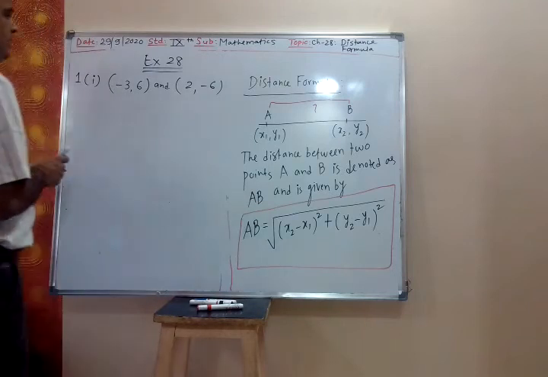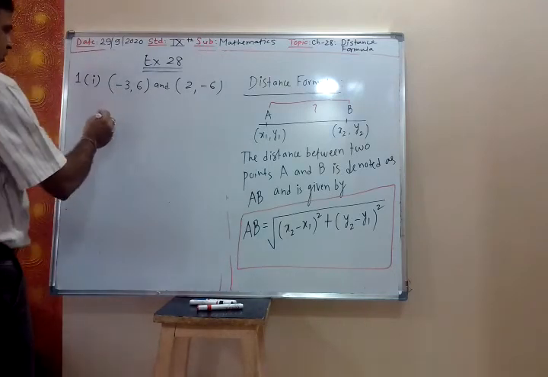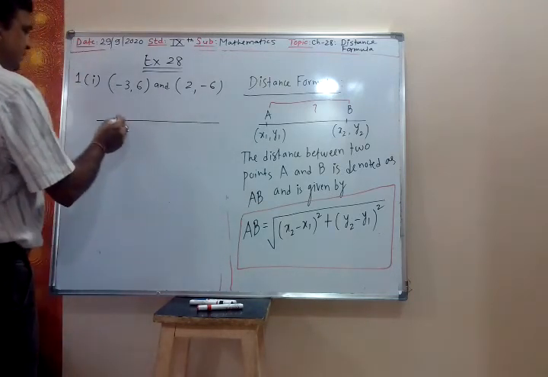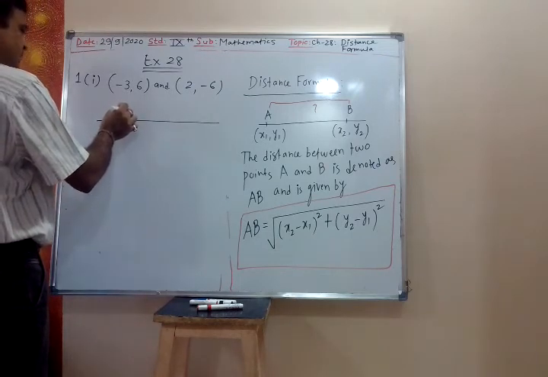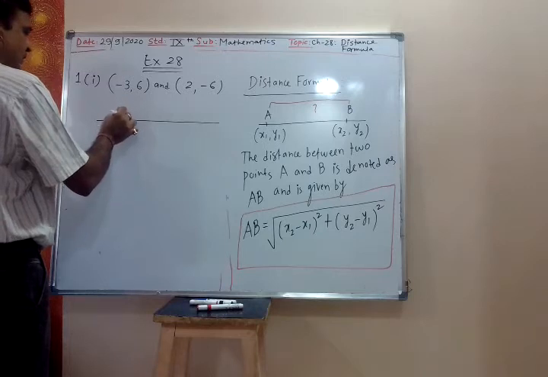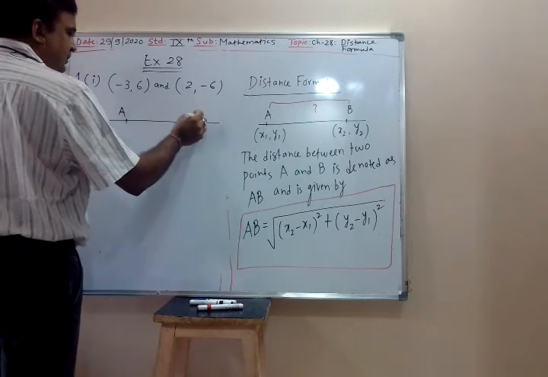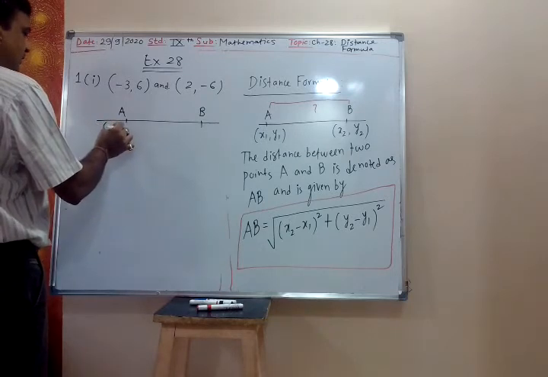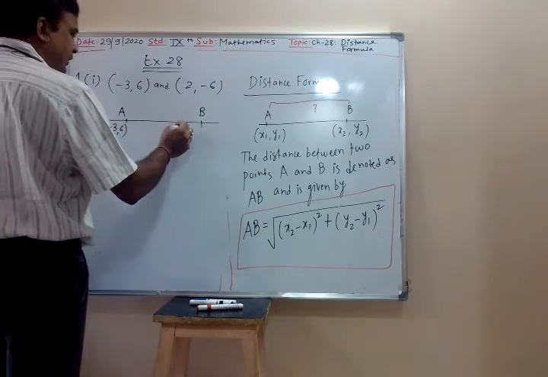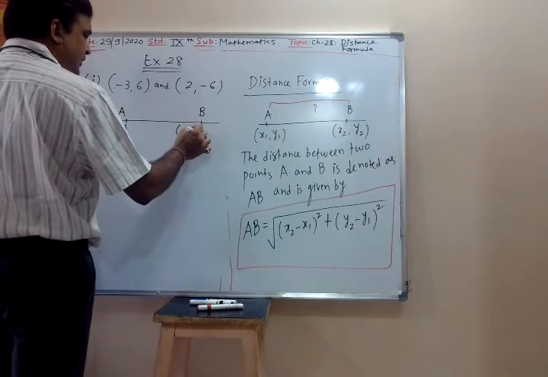So there are 2 points. Immediately plot these 2 points. You take this point as A and this point as B. Now A is minus 3 comma 6 and B is 2 comma minus 6.